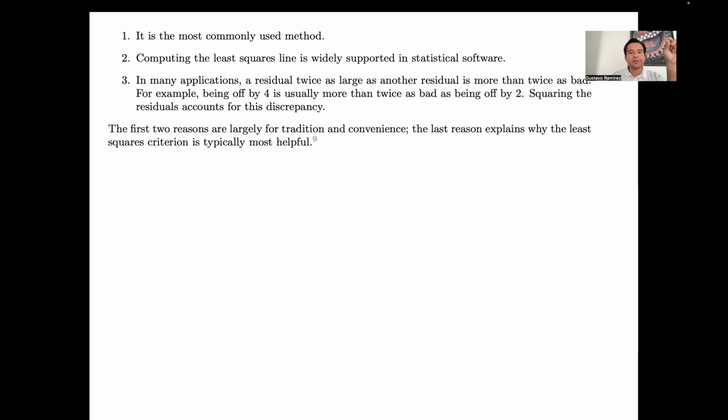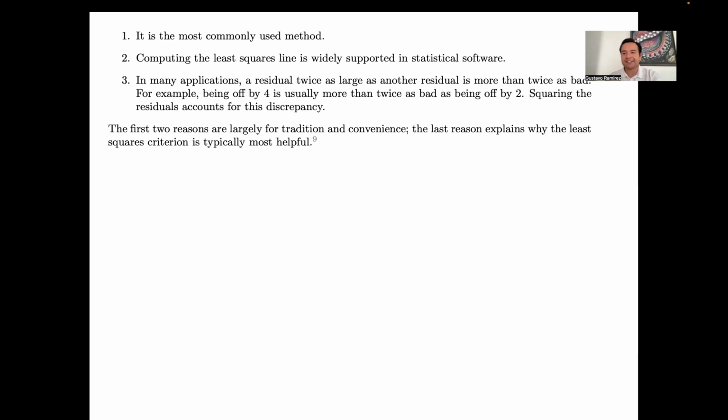The first two reasons are largely tradition and convenience. The book's open about that. Everyone's using it, and most free statistical software does this pretty easily. That's not because something's right.